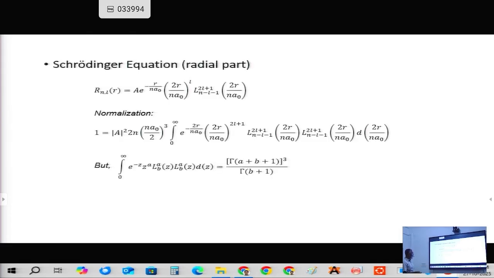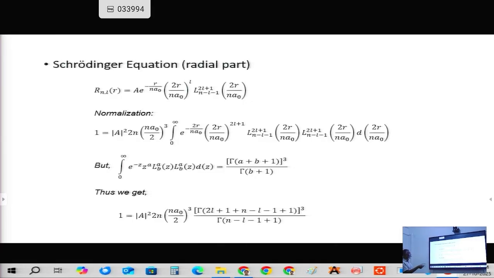Using the gamma function, this integral of e to the minus z, z raised to a, L with indices a and b of z, squared, dz, is this particular gamma function: gamma of a plus b plus 1 by gamma of b plus 1. If you substitute that, what is a?